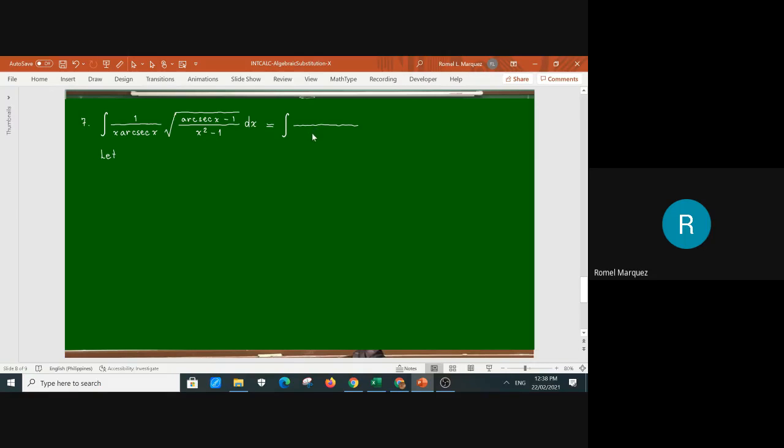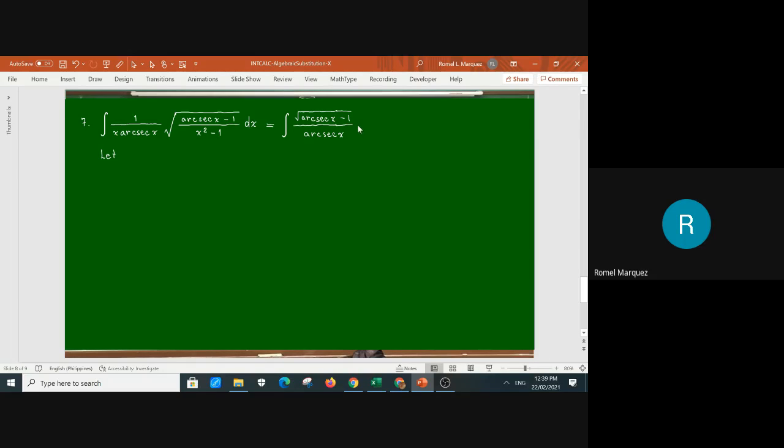Let's see, I think I need only the square root in the numerator. And this x together with square root of x squared minus 1 will be part of the differential. So this is arc secant, or inverse secant, of x minus 1 over arc secant.